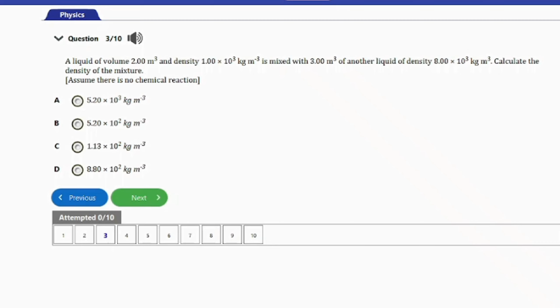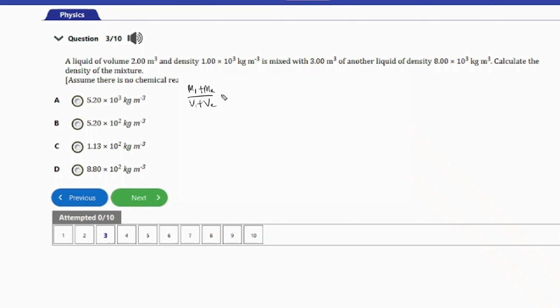So guys, here we are going to use the formula that the density of this mixture is going to be M1 plus M2 over V1 plus V2. So remember that density is mass over volume, so that will be the mass 1 plus mass 2 over volume 1 plus volume 2.